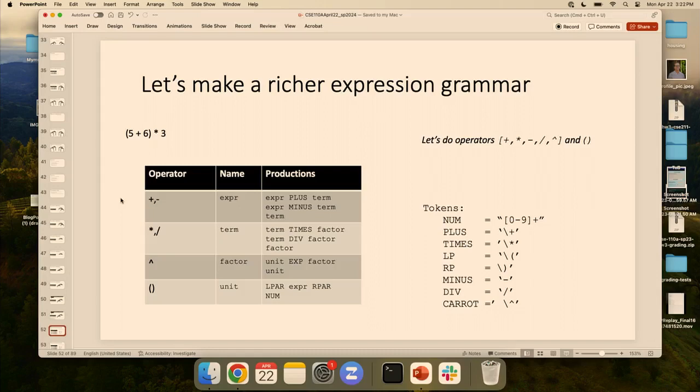Yep. So the reason why it works is that the one on the top is going to get checked before the one on the bottom, right? Like expr plus term is evaluated before expr minus term, which is evaluated before term. Yeah. And you're going to get your left associativity here.